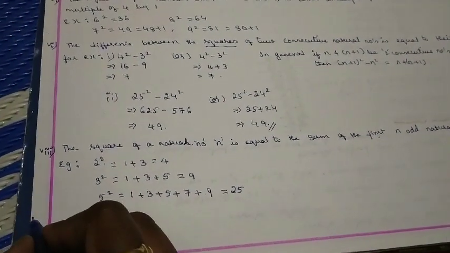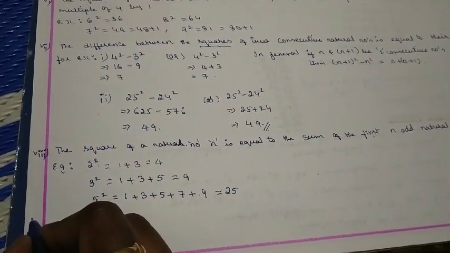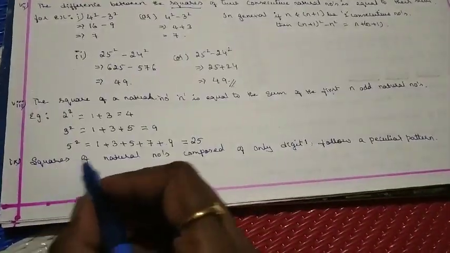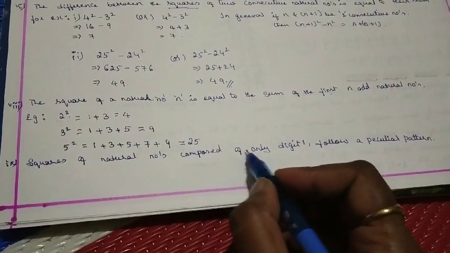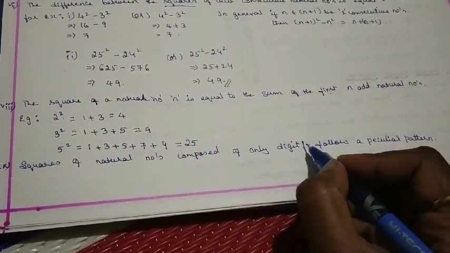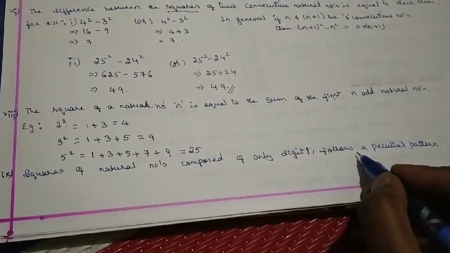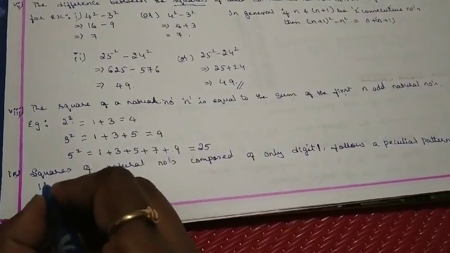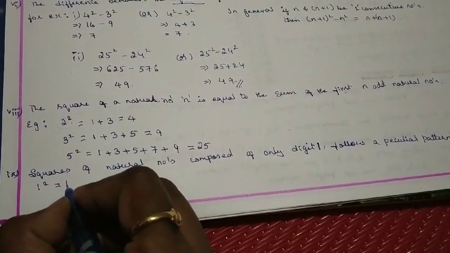We'll move to the next fact, that is fact number 9. Squares of natural numbers composed of only the digit 1 follow a peculiar pattern. What is that pattern? 1 square is nothing but 1.